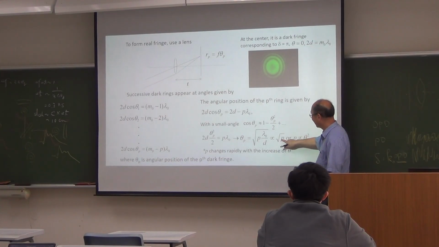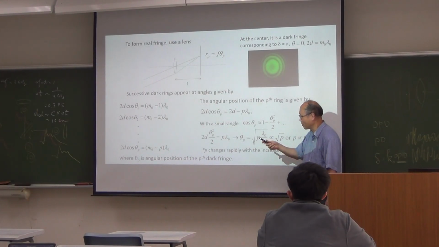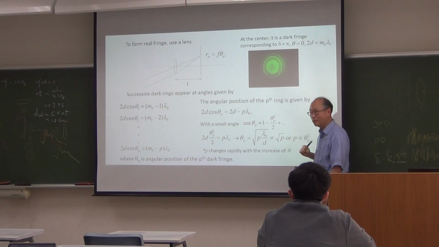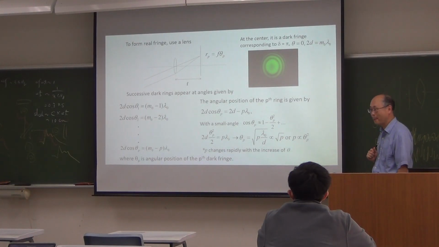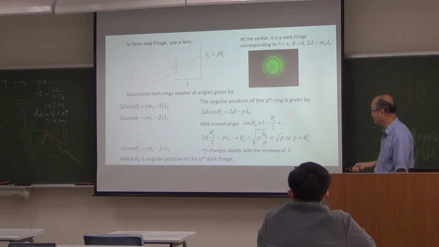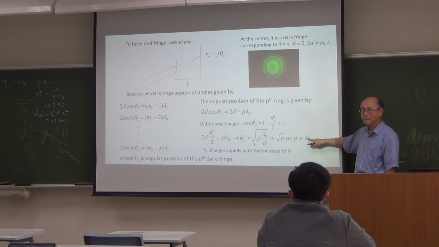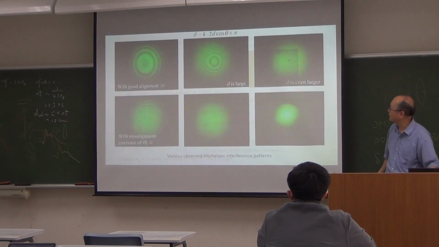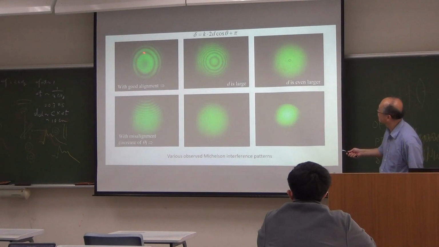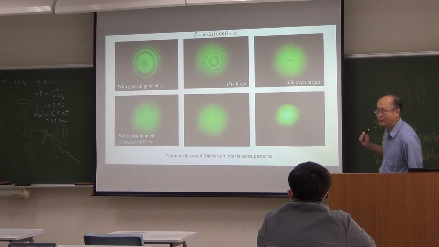So you see that when this angle becomes larger and larger, p moves really fast. So p changes rapidly with the increase of theta because p is proportional to the square of theta. And that is why you see these off-axis fringes change very fast, but near the center, the fringes change quite smoothly.